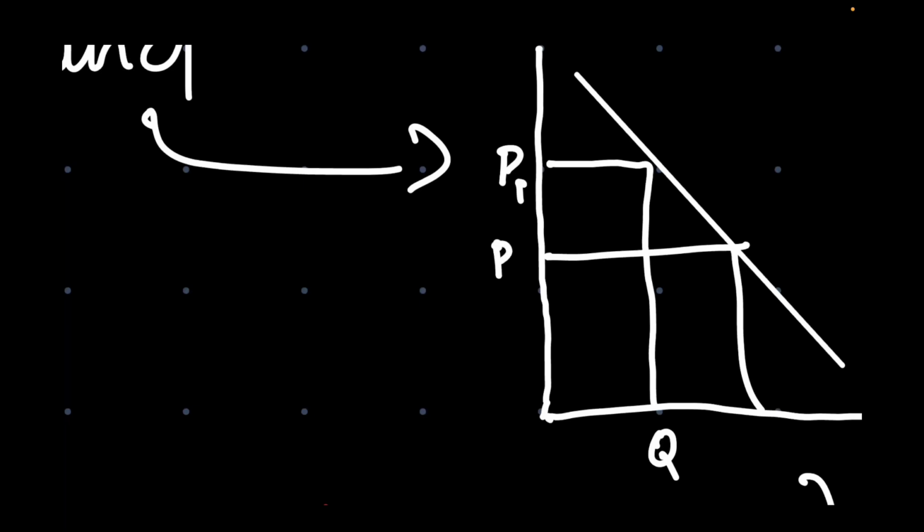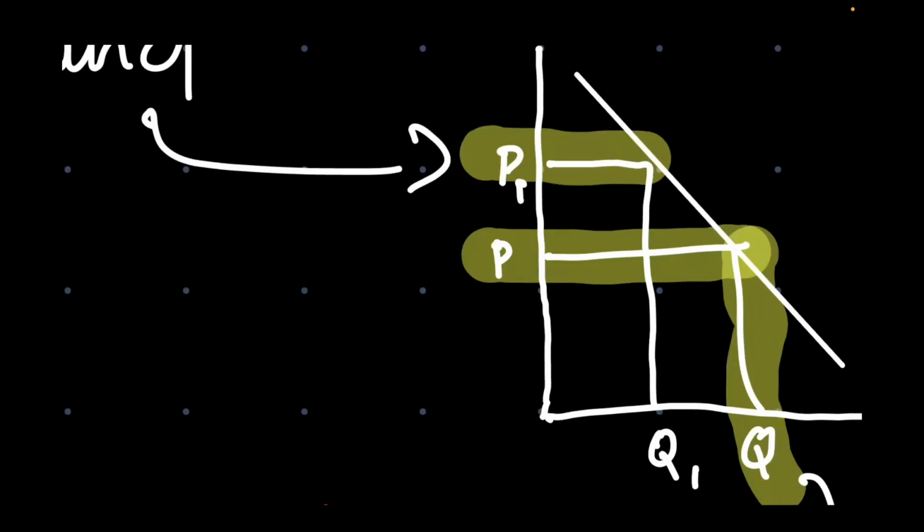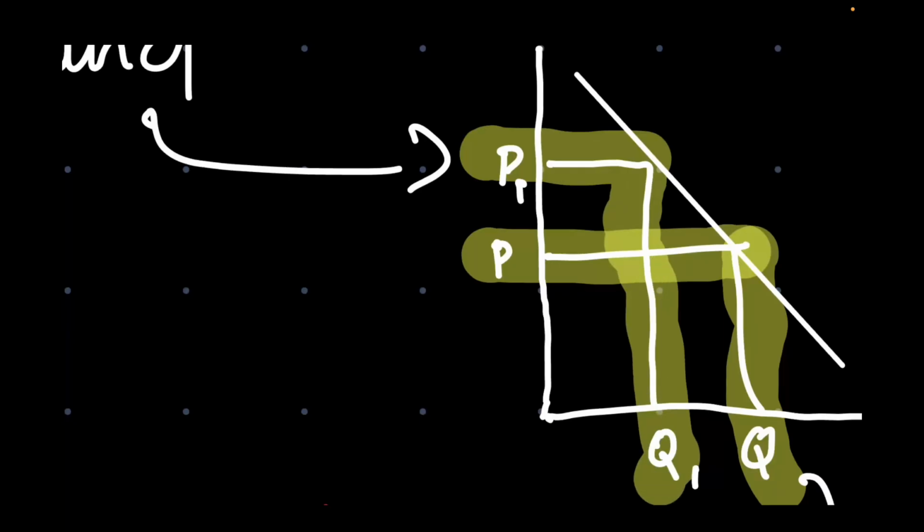So this is price 1, this is quantity 1, and this is quantity, and this is price. At this price, you're able to get this level of quantity. But as soon as the price rises, the quantity decreases. And let's assume now that the price decreases, quantity increases.